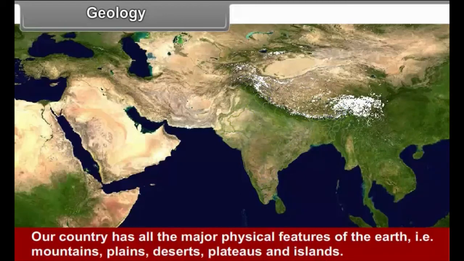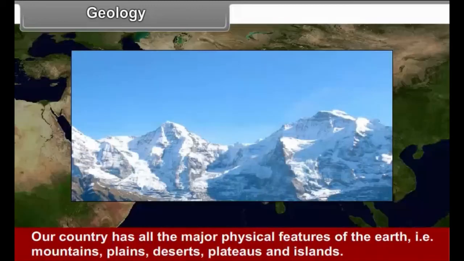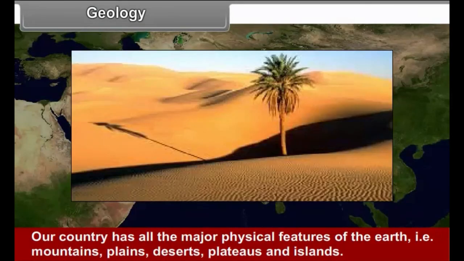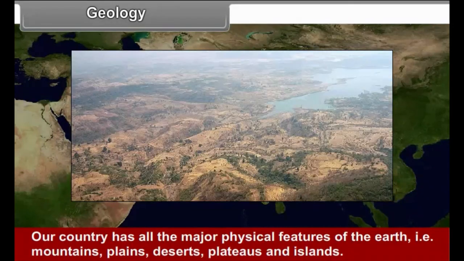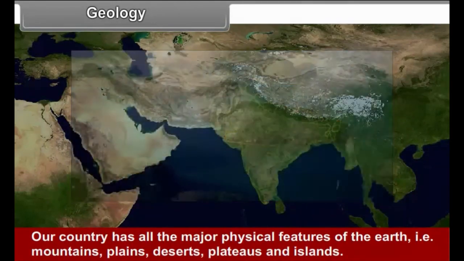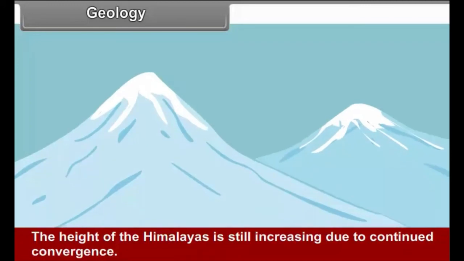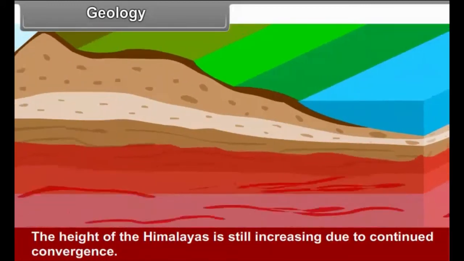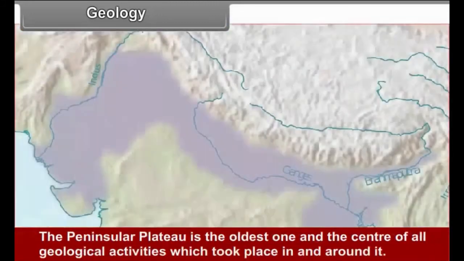Our country has all the major physical features of the earth, that is, mountains, plains, deserts, plateaus, and islands. The height of the Himalayas is still increasing due to continued convergence.